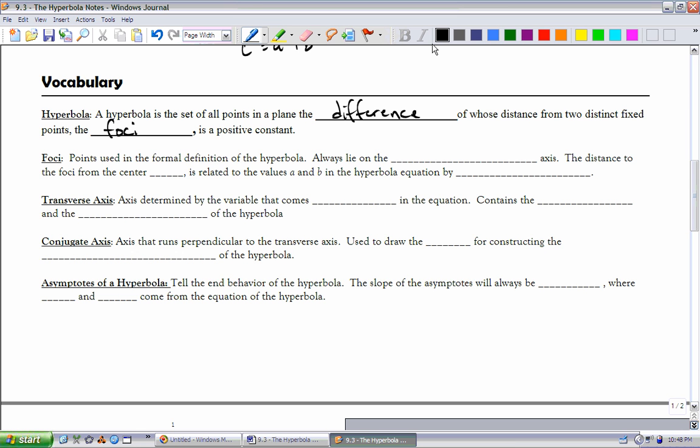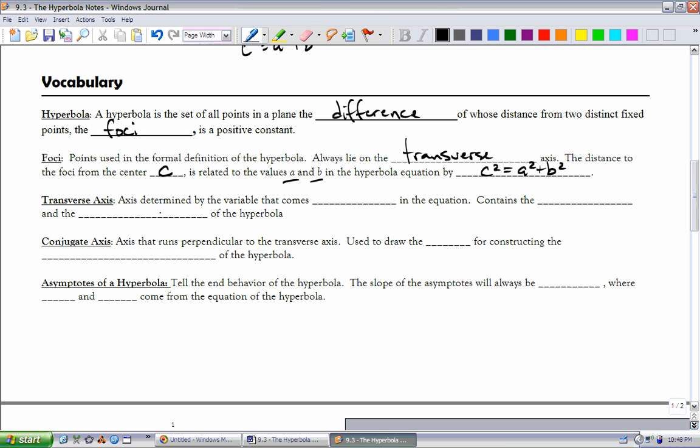The foci are points used in the formal definition. They always lie on the transverse axis. The distance from the center to the foci is what we call C, and it's related to the A and B values in the hyperbola equation this way, which we've talked about. Some important information here.